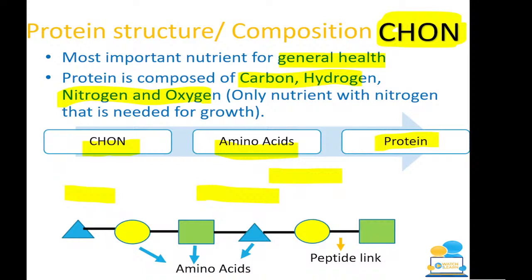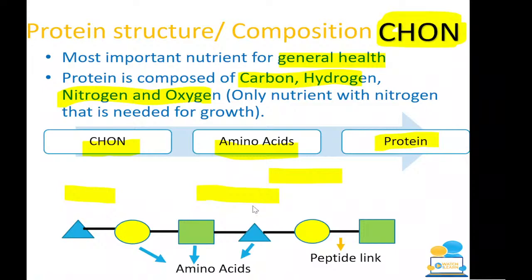So you will not find nitrogen in carbohydrates or fats or any of the vitamins or minerals. Carbon, hydrogen, oxygen, nitrogen together form amino acids. Amino acids are the most basic part of protein.